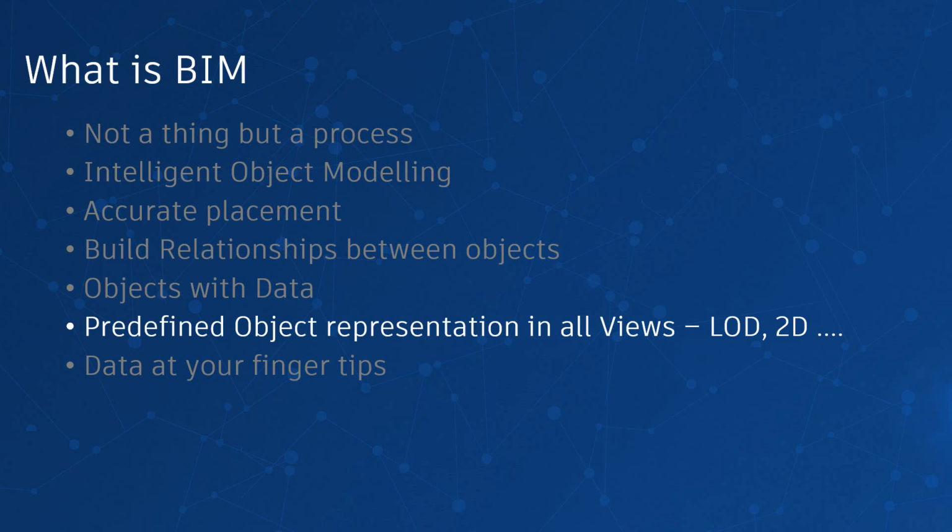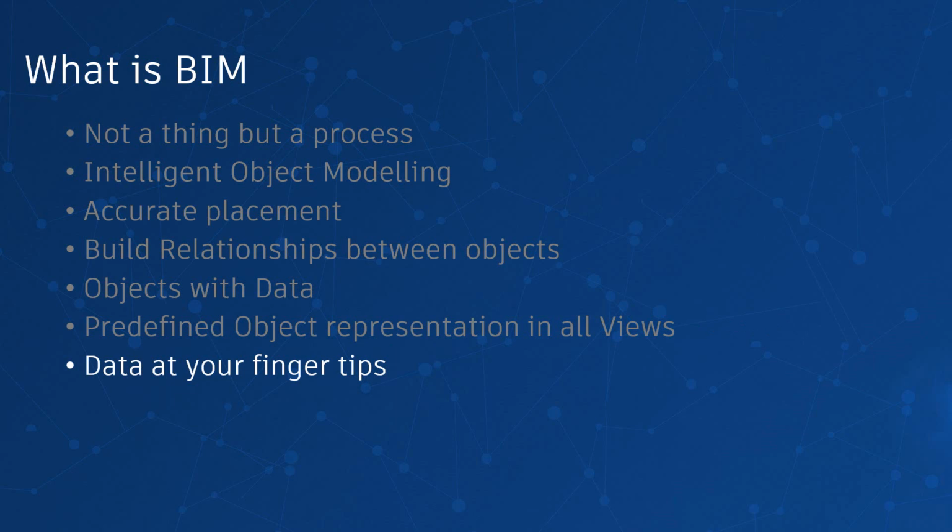The object representation is also customizable. When you define these intelligent objects with your data, we can determine what the appearance of those objects are in a 2D space, in a 3D space, at particular levels of detail. So whether they're represented as a line in a widget, for example, for a steel component, or whether it shows the full hidden detail of an object, all this can be defined as part of those particular objects.